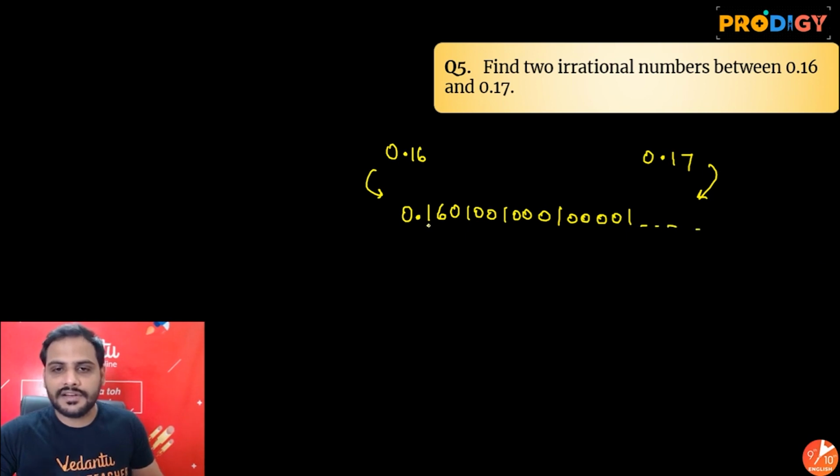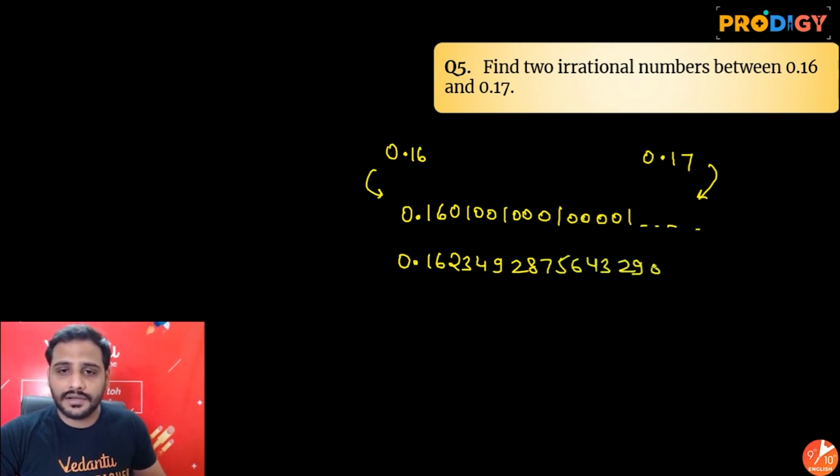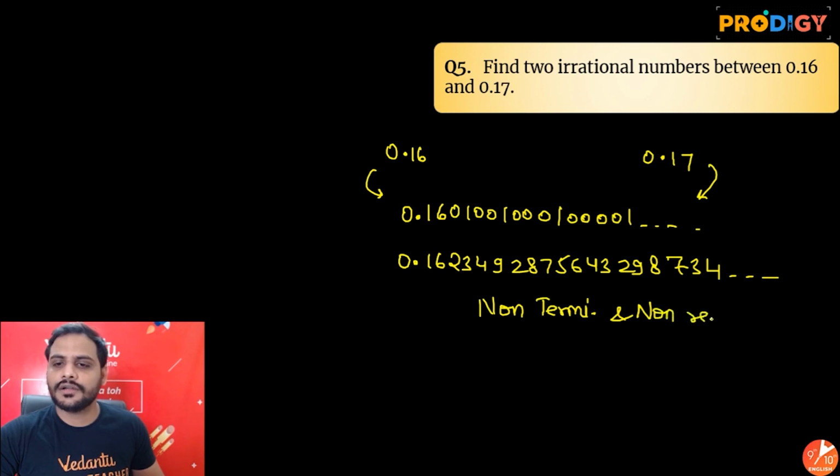So you can clearly see it is greater than 0.16 but less than 0.17. Also I can write 0.1623492875643298734, something like that. No repetition. So we want at the end non-terminating and non-recurring.